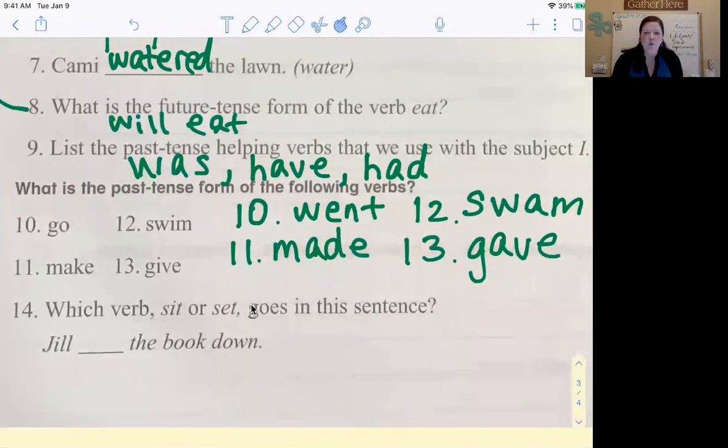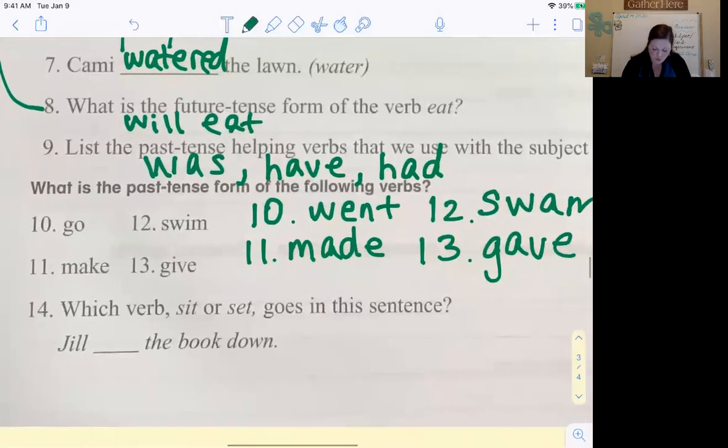Our last one for today as we're closing up our review time. Number 14, which verb, sit or set, goes in this sentence? Jill blank the book down. Now, let's think. What are the meanings of these words? Sit means to rest or to recline.